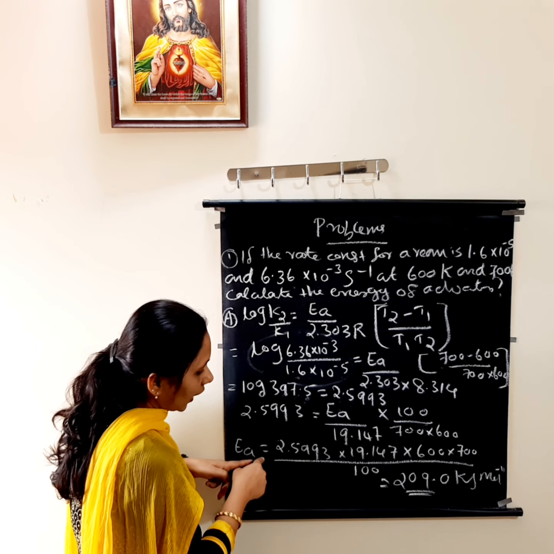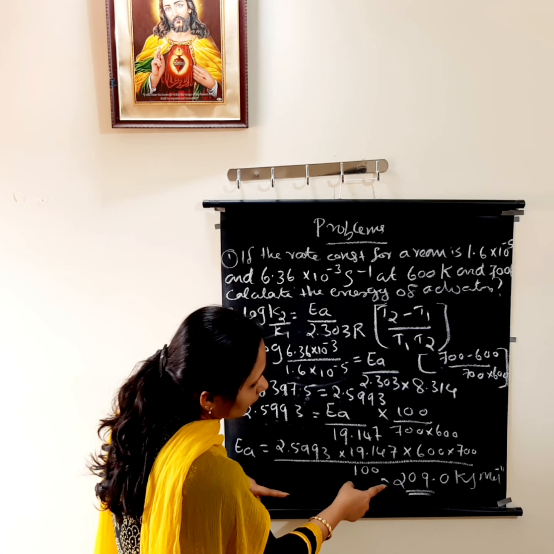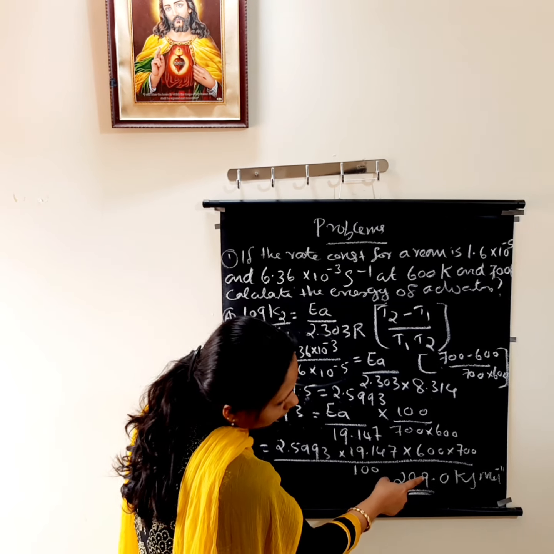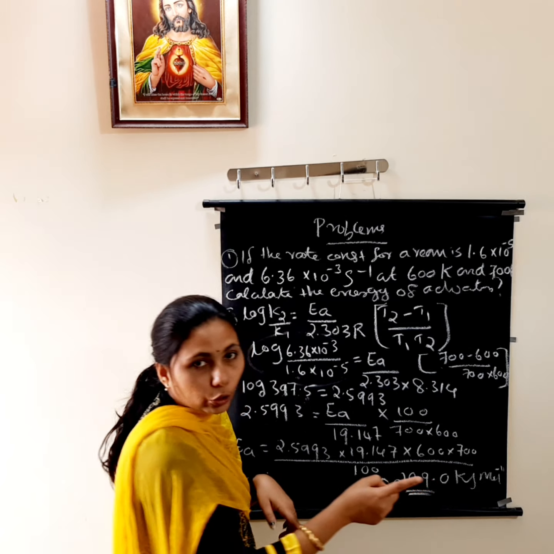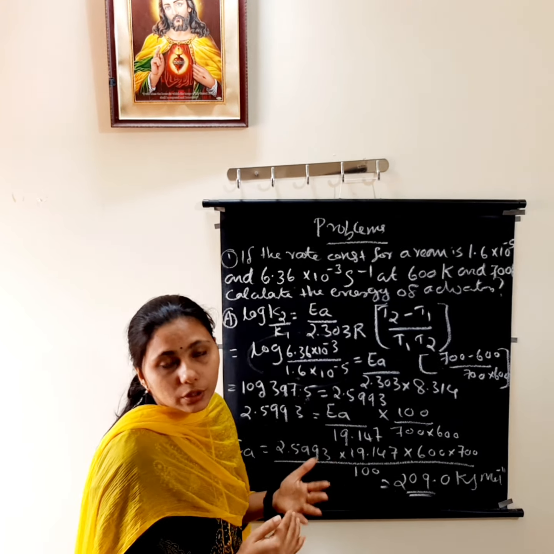So Ea we can calculate. After solving all these, we will get the value of Ea as 209.0 kilojoules per mole.